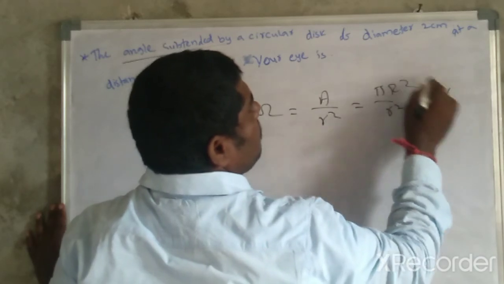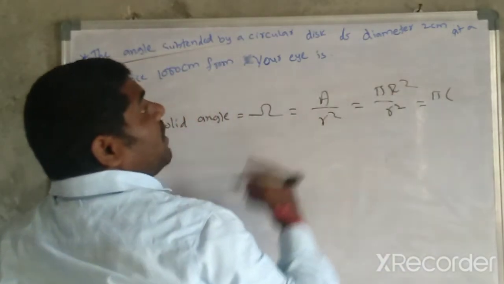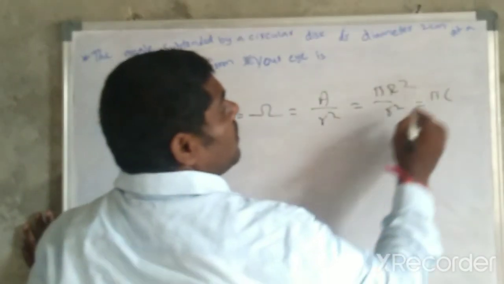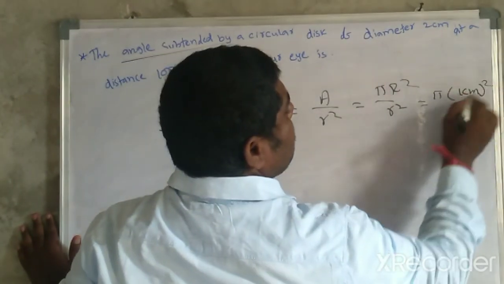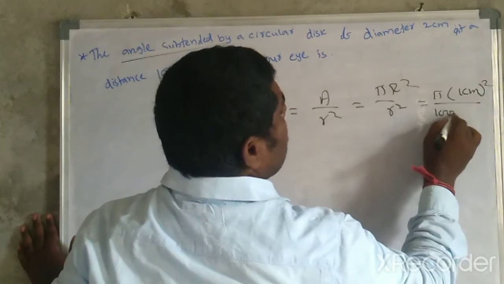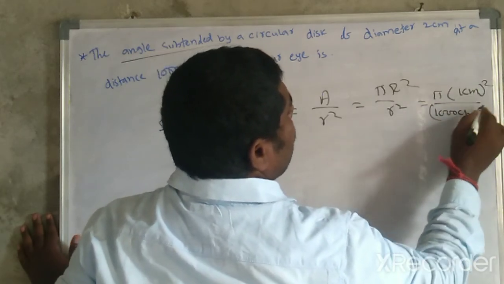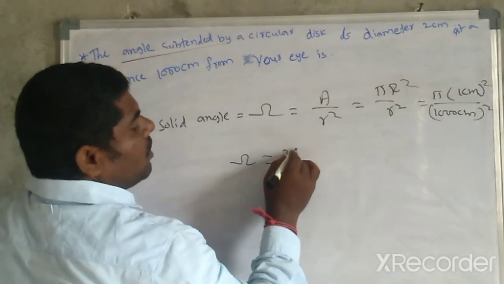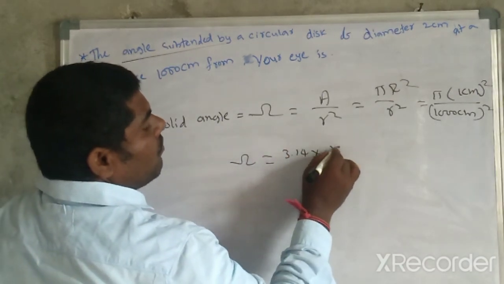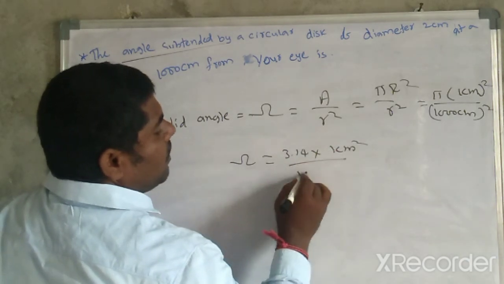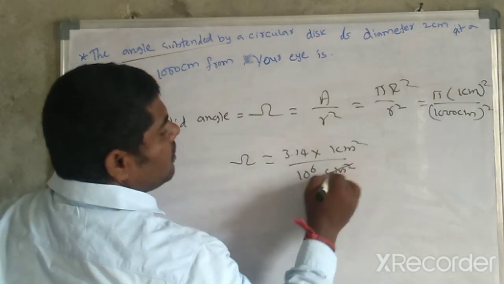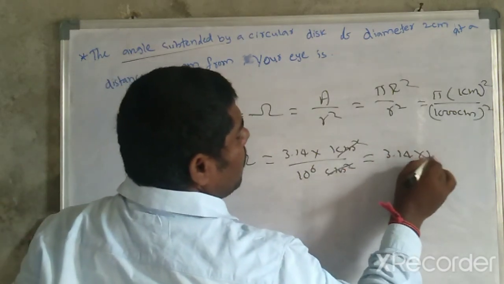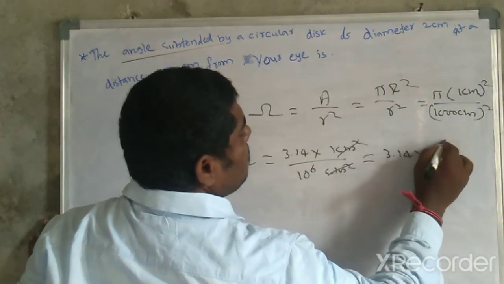Pi into r, where the diameter is 2 centimeter, so the radius is 1 centimeter, whole square, divided by 1000 centimeter whole square. That solid angle is equal to 3.14 into 1 centimeter square divided by 10^6 centimeter square. Centimeter square gets cancelled, giving 3.14 × 10^-6.